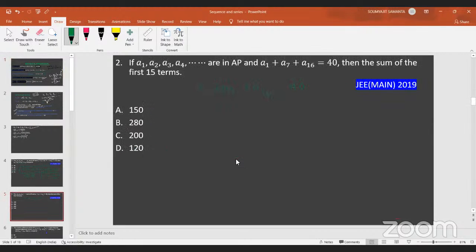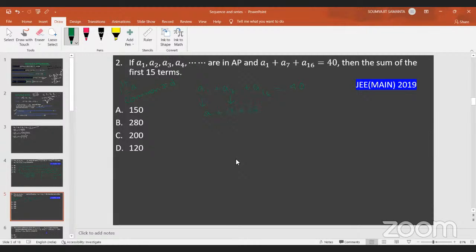Let me take the first term as A and the common difference as D. So the first term will become A, the seventh term will become A plus 6D.